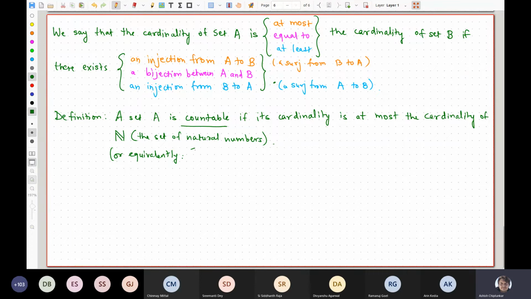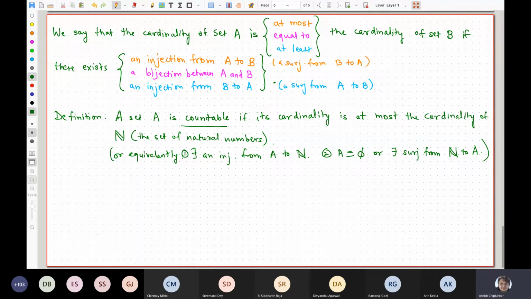Or equivalently, there exists an injection from A to N. The second equivalent statement is that A is either empty, or there exists a surjection from N to A. Right, so these are the other two ways of saying it.